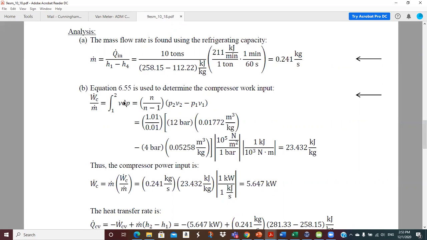But anyway, doing that integral, we get the exponent n divided by n minus 1 times P2 v2 minus P1 v1. That'll give us the specific work, the rate of doing work, or the power per unit mass. And so just plugging in, n is 1.01 divided by 0.01.